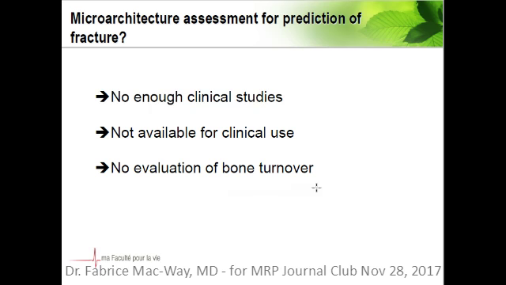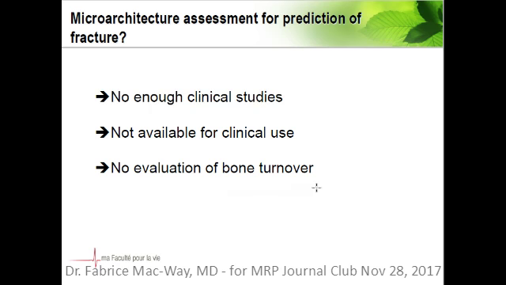With microarchitecture, you can say, for example, that the thickness of the cortical bone is low, or the thickness of the trabecular bone is low, but you can't say anything about the level of bone turnover. Does the patient have a high bone turnover, high formation rate, high resorption rate, or low formation rate? We don't know this without having the level of bone turnover.